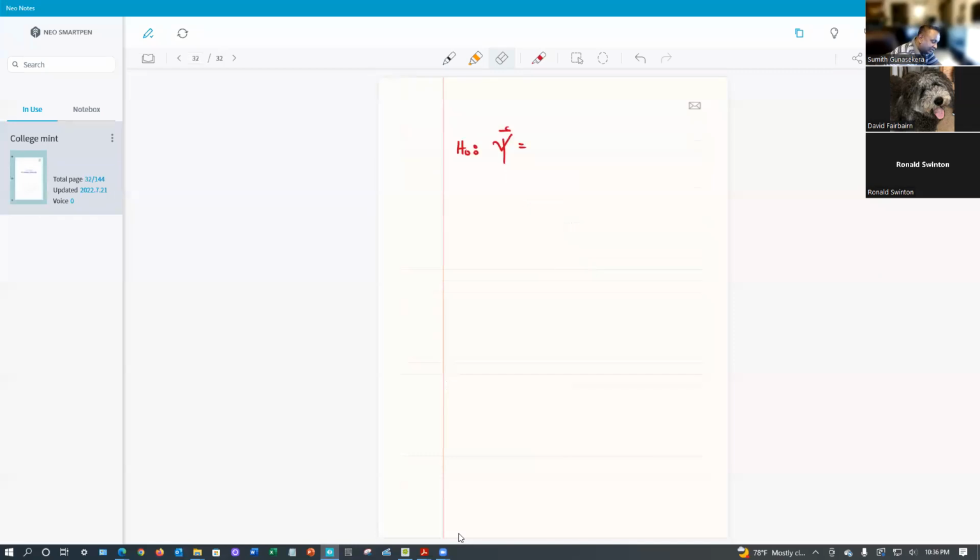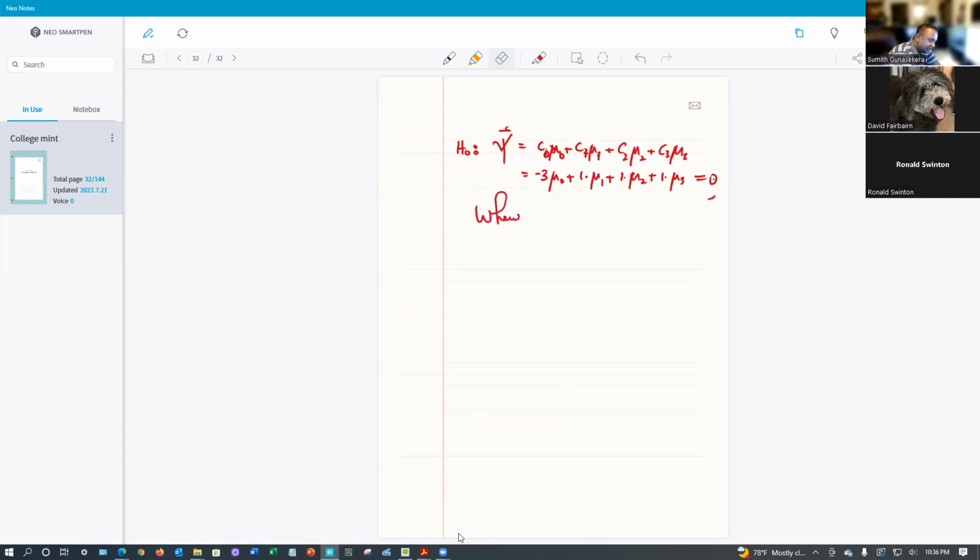Psi is c0 plus c1 mu1 plus c2 mu2 plus c3 mu3. On the other hand, we have selected negative 3 mu1 plus 1 times mu2 plus 1 times mu3. That's my H0 equals 0.